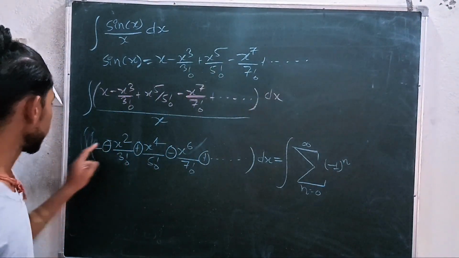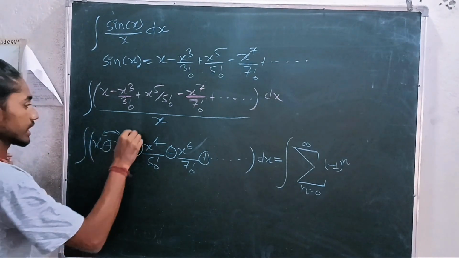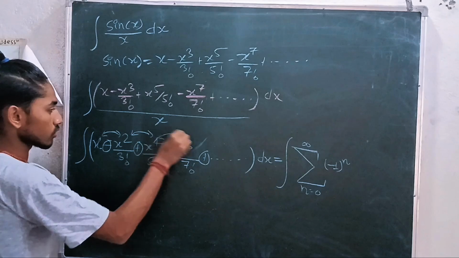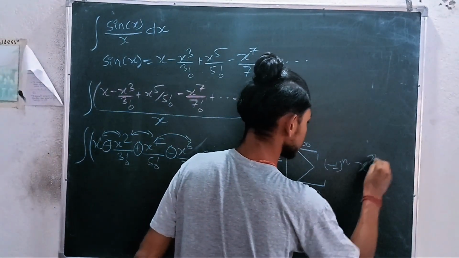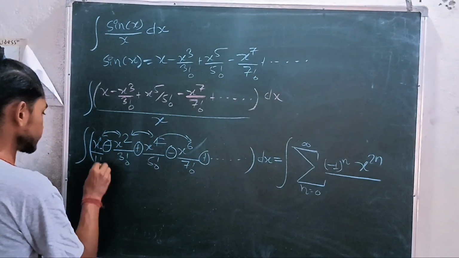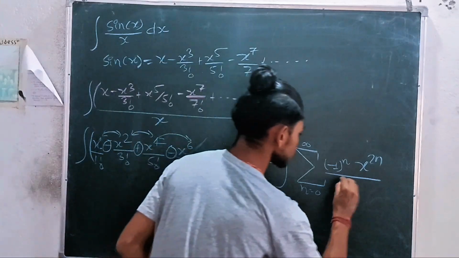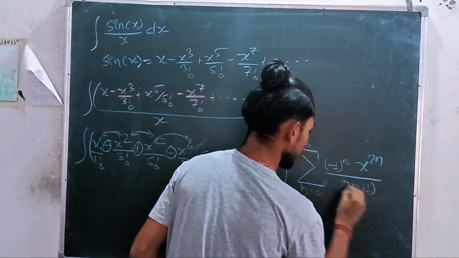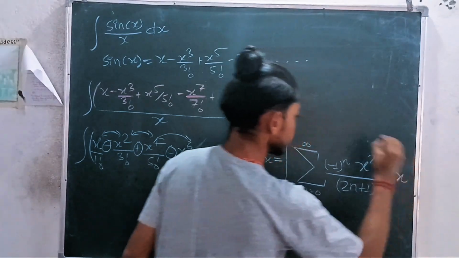The power goes on increasing by 2 in every step, so it is going to look like x raised to 2n over the factorial, which increases like 1, 3, 5, so it goes like 2n plus 1 factorial, and it is going to be dx.